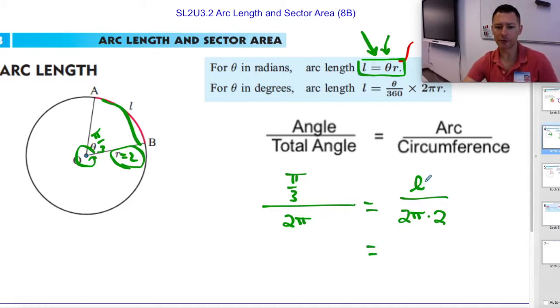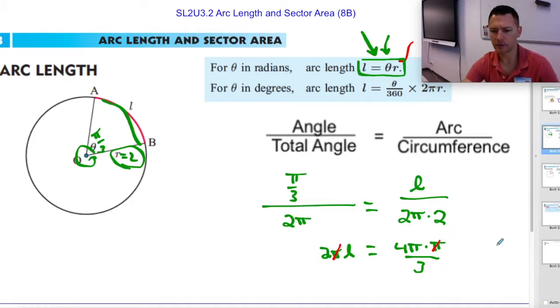Fine. If you cross multiply, you get 2 pi L here, and on this side you get 4 pi times pi over 3. All right, and then you can start slicing and dicing.